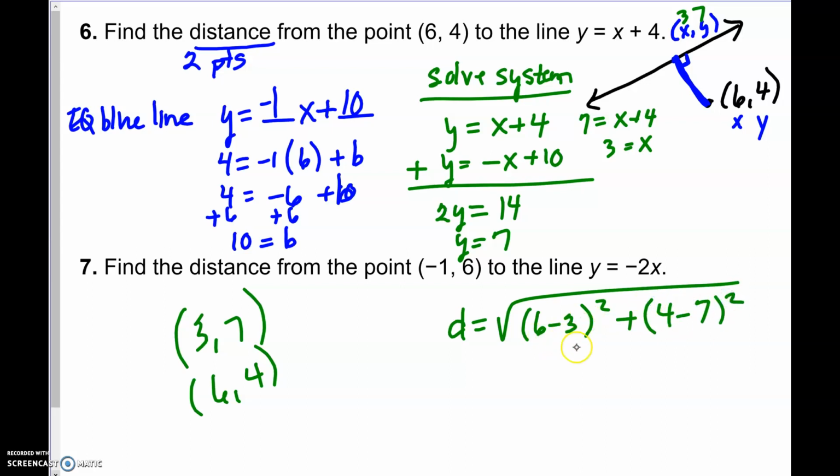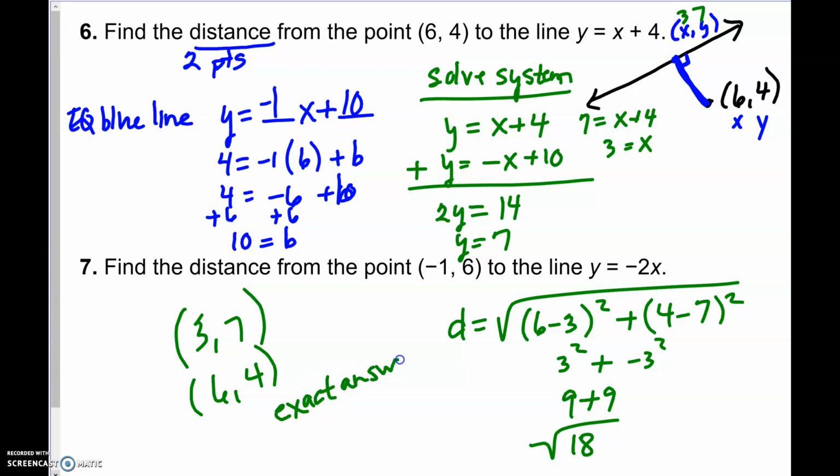So 6 minus 3 is 3 squared. This is negative 3 squared. So I have 9 plus 9, so it looks like I have the square root of 18. Now, typically they're just going to have us round this to the nearest tenth, but every once in a while the book's going to ask us for an exact answer.